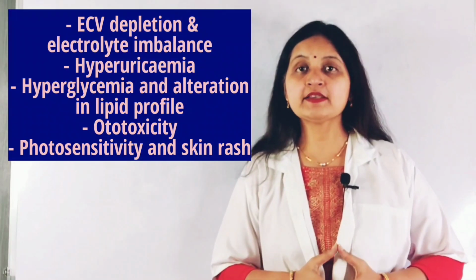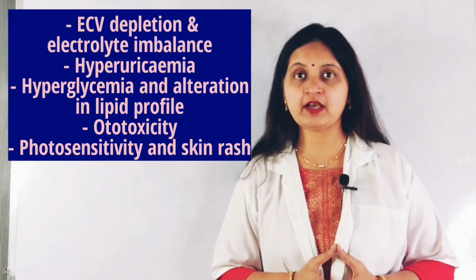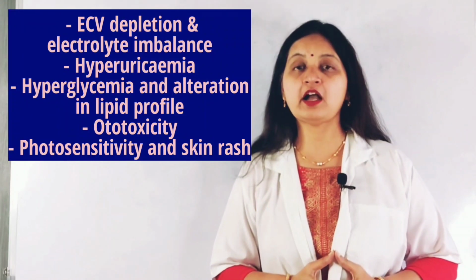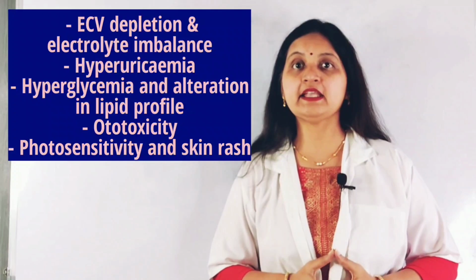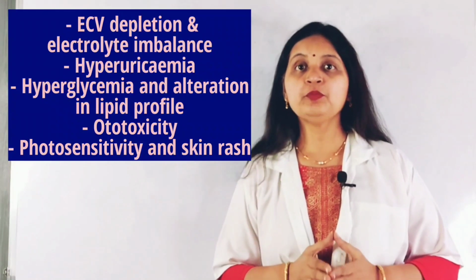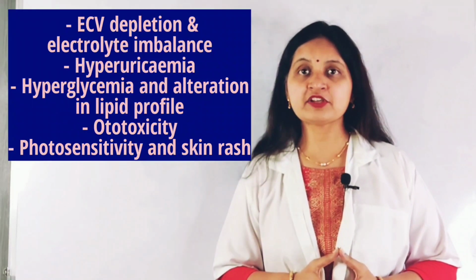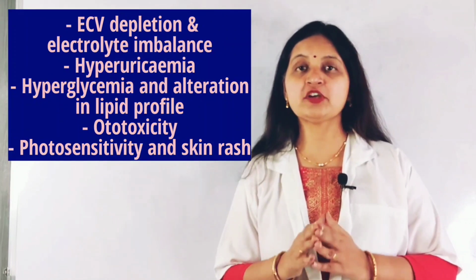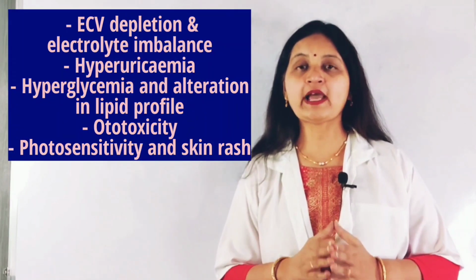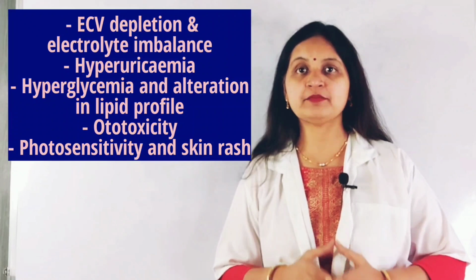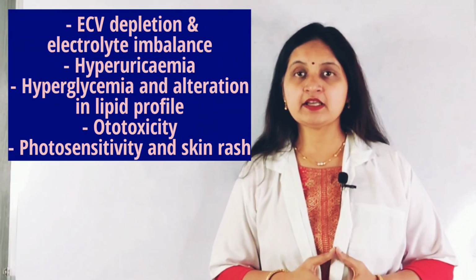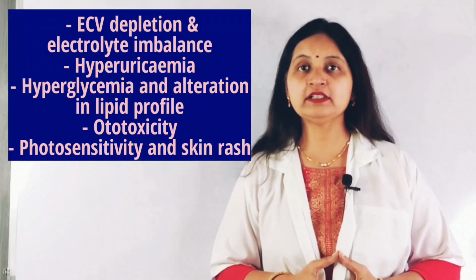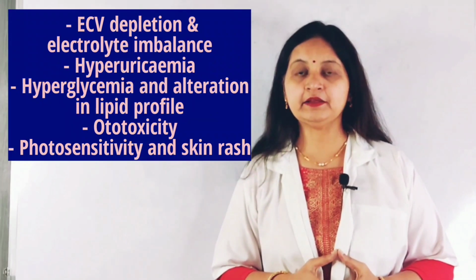And hypokalemia is a risk factor for cardiac arrhythmias, particularly in patients on cardiac glycosides or when the potassium intake is insufficient. The loop diuretics are also known to increase the excretion of calcium and magnesium in urine, causing hypocalcemia and hypomagnesemia. Hypomagnesemia is a risk factor for cardiac arrhythmias and hypocalcemia in the long term can lead to tetany.